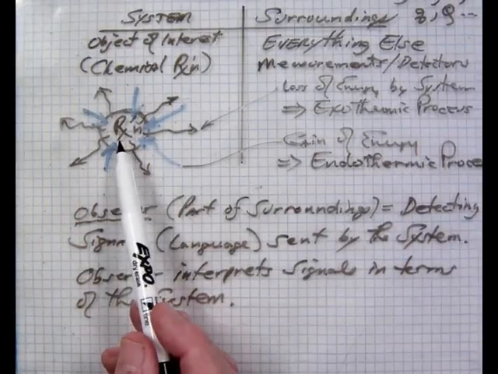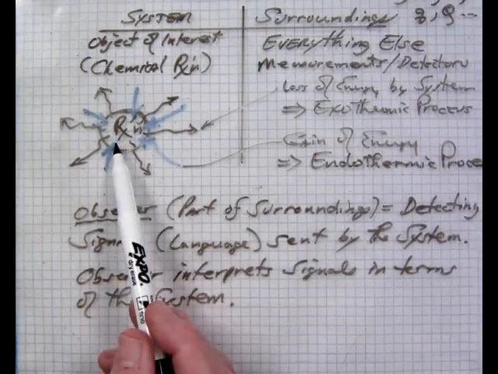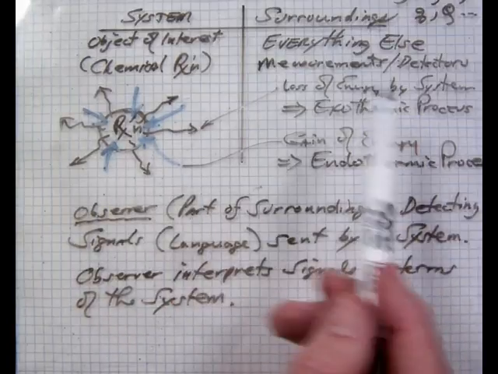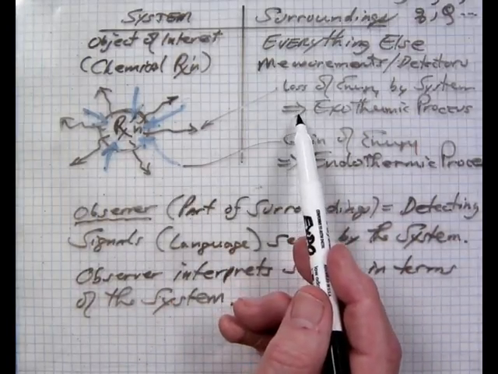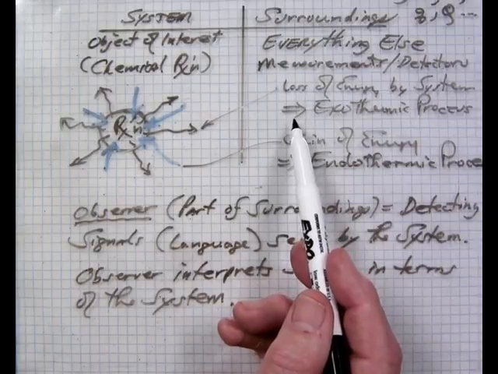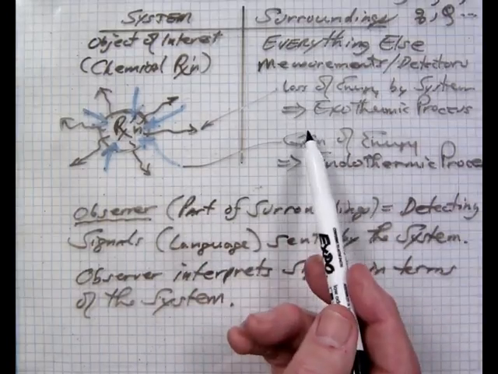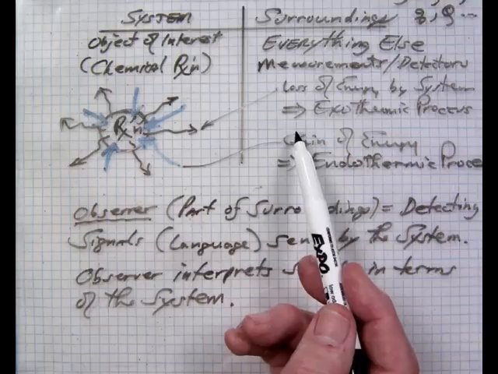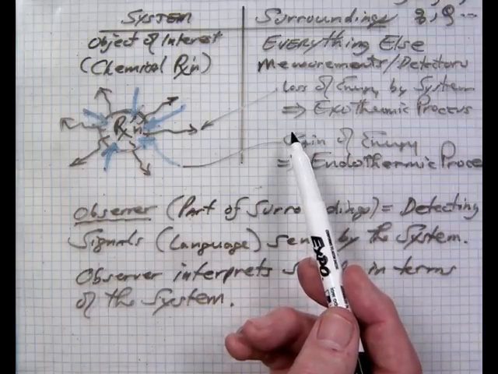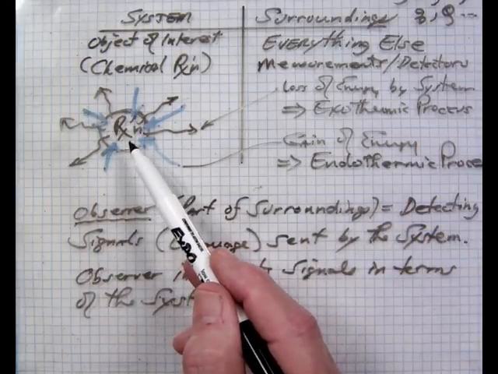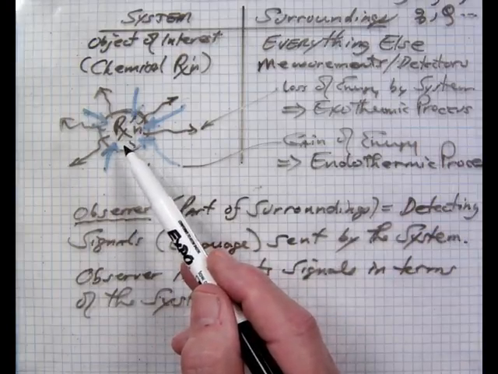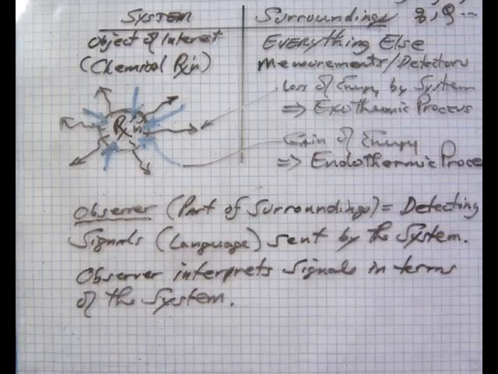Example is, take the reaction that I've diagrammed here, losing energy, the exothermic idea, and you take a thermometer and you put it in a liquid that's holding the reaction, the liquid would get warmer. You're detecting what the system does to the liquid. The liquid increases. But keep in mind, the reaction is getting colder. It's losing energy.